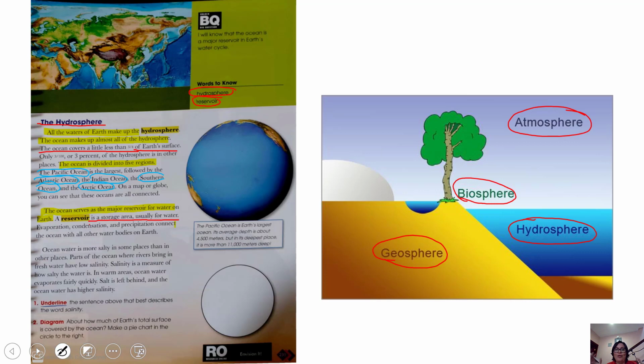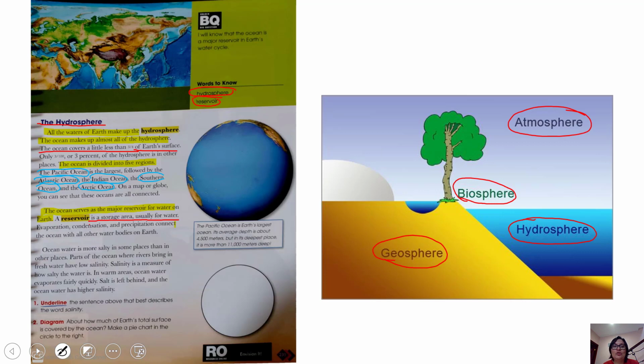An area in which all the water is stored, almacenado, stored. So that is the ocean. Why? Because rivers and all the water that is not the ocean at the end goes to the ocean.